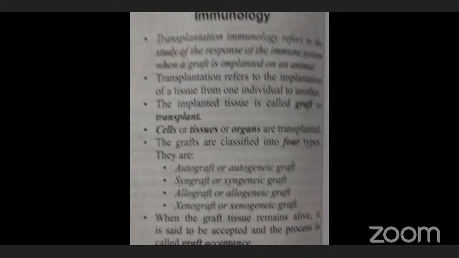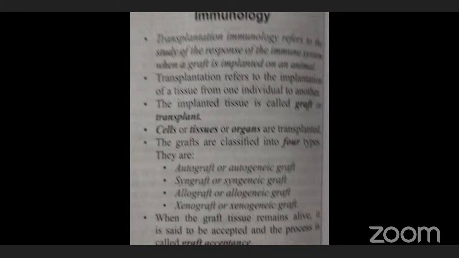Where you place the graft is called the recipient or host. Host or recipient means receiving the graft. Clear? The one receiving the organs or tissues is the recipient, and the donor is where you collect the graft, organs or tissues from. We can transplant organs, cells, or tissues.